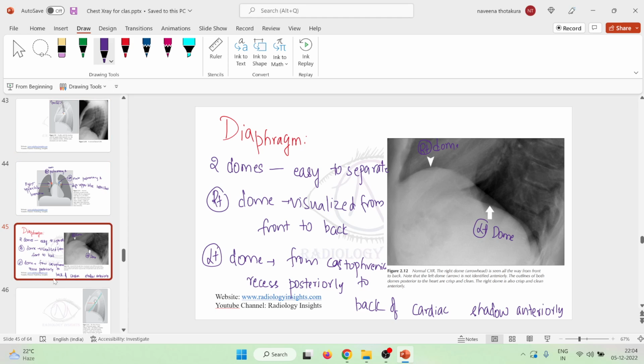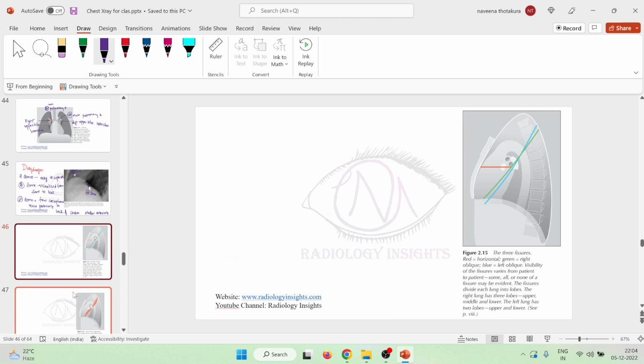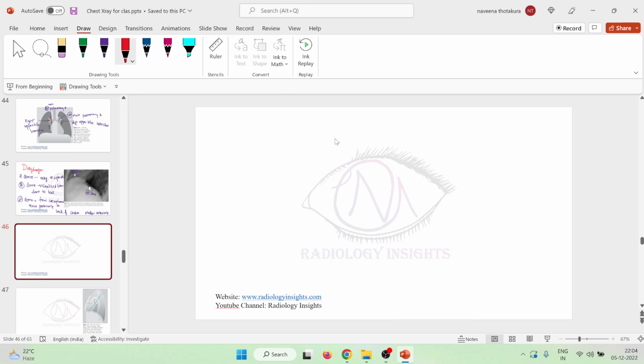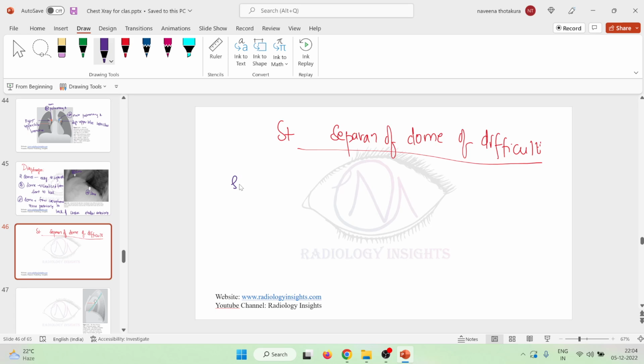Next. So this is about the domes of the diaphragm. Then sometimes it is very difficult to separate the domes of diaphragm. Why? Because sometimes the domes may overlap each other completely.